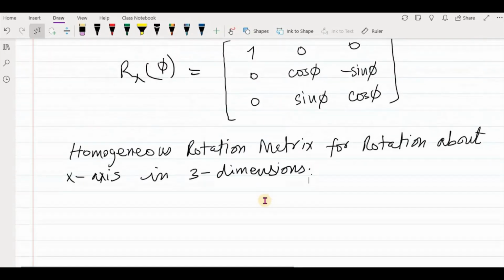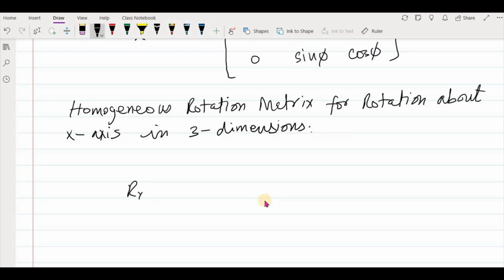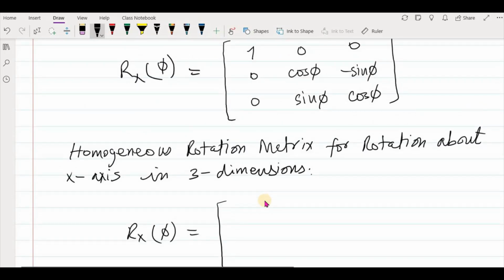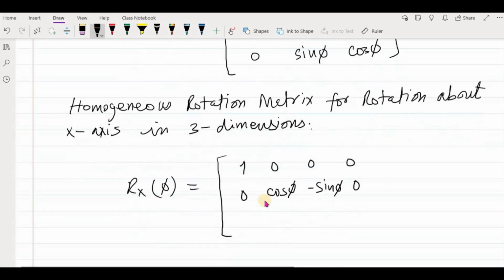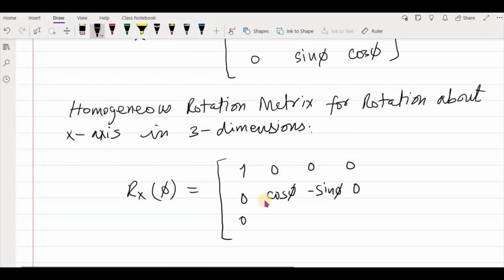So this can be written as Rx of phi, and simply you just have to add here 0, 0, 0 and 1.